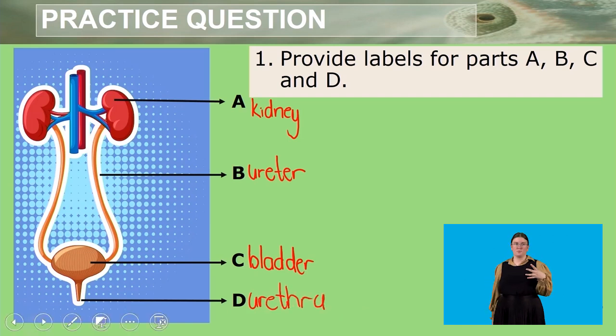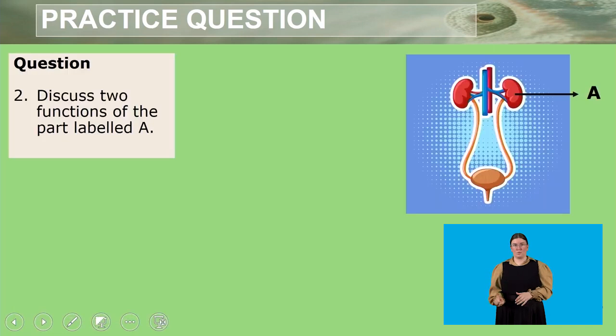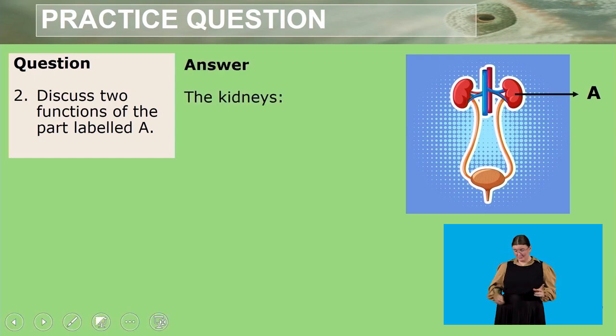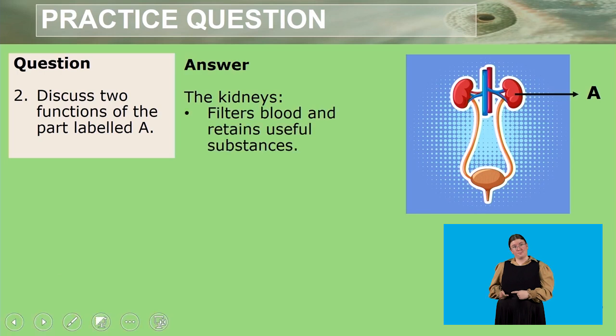Okay, moving on to our next question. It says, discuss two functions of the part labeled A. The part labeled A we know is the kidney. We know we have two kidneys. So we can say that the kidneys filter blood and retain useful substances.